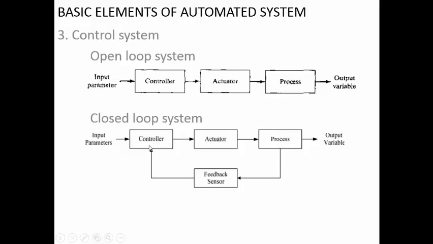Now what will the controller do in this case? The controller will understand what the requirement is, that is the input parameters, and what is achieved, that is the output variable, and it will find the difference and ensure that the output variable is as per the input requirement. So for example, you are trying to remove material from a very hard workpiece.